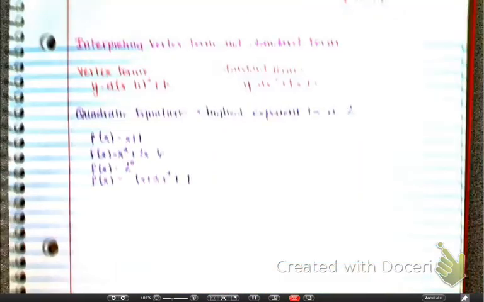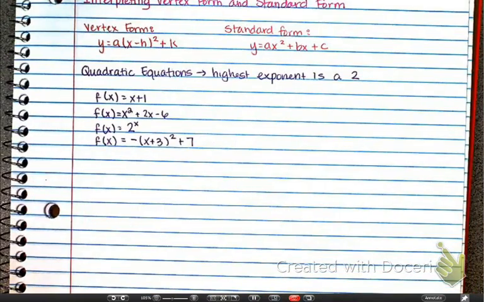So write out these 4 equations, and I want you to determine if they are quadratic. If they are, just write quadratic next to it. If they are not, write not a quadratic.